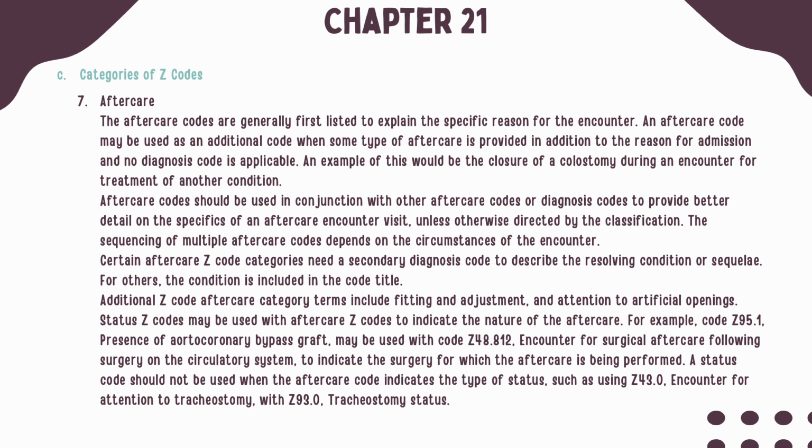For example, code Z95.1 for the presence of an aortocoronary bypass graft can be used with code Z48.812 for the surgical aftercare following surgery on the circulatory system. The status code will indicate the surgery for which the aftercare is being performed, and a status code should not be used when the aftercare code indicates the type of status, such as Z43.0, encounter for attention to a tracheostomy.